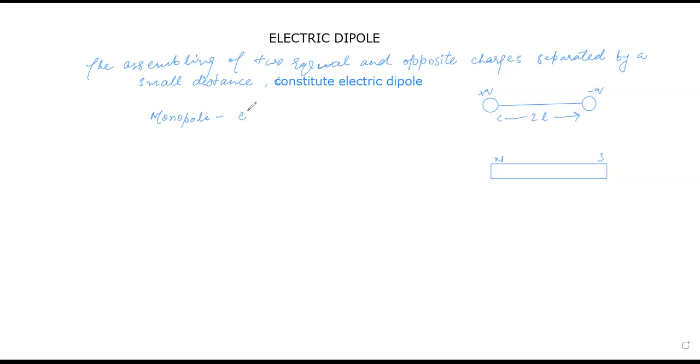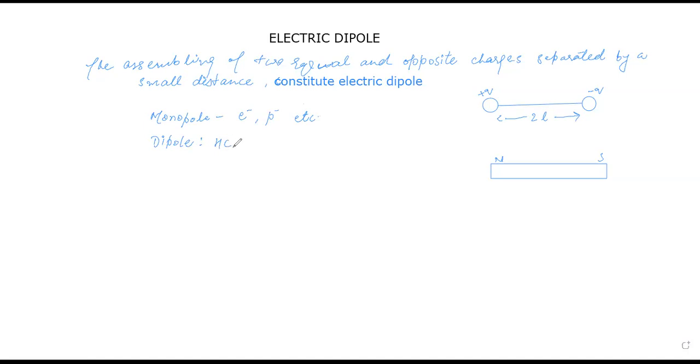Some monopoles are like electron, proton, and so on. Similarly, what will be the dipoles? Some dipoles are HCl. You already know the structure of HCl.